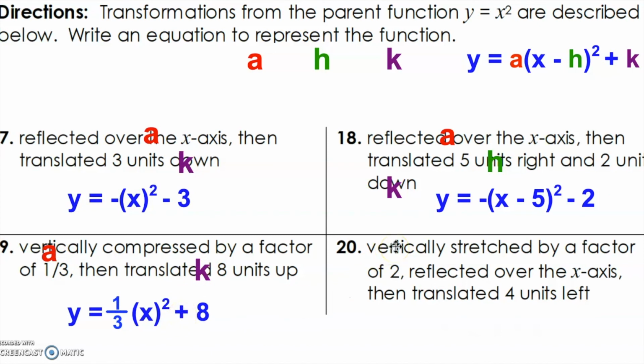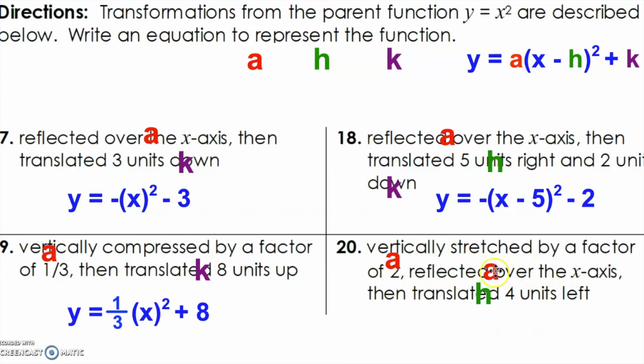Here in this last example, I have a vertical stretch by a factor of 2. I know that's going to affect a. A reflection over the x-axis is also going to affect a. And I have a translation of 4 units left. That's going to affect h. So I know my a value is going to be a negative 2.